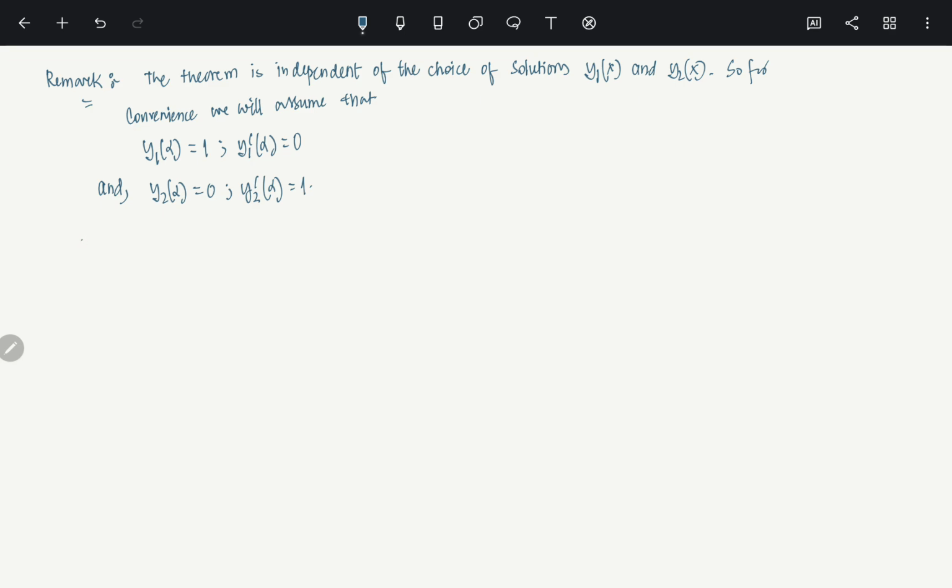So let's look at a corollary now. What is it?